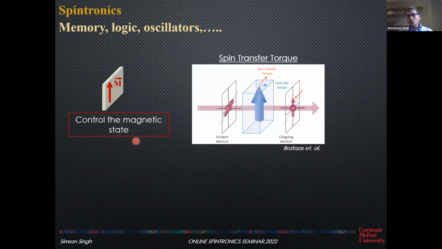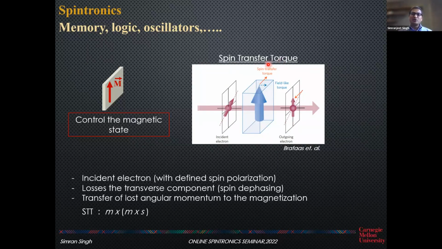Over the last more than a decade, it's been a long time, we know how to do it, right? One way is through the phenomenon of spin transfer torque, where you take a spin polarized electron, and when it interacts with a magnetic thin film, it transfers spin angular momentum to that system.